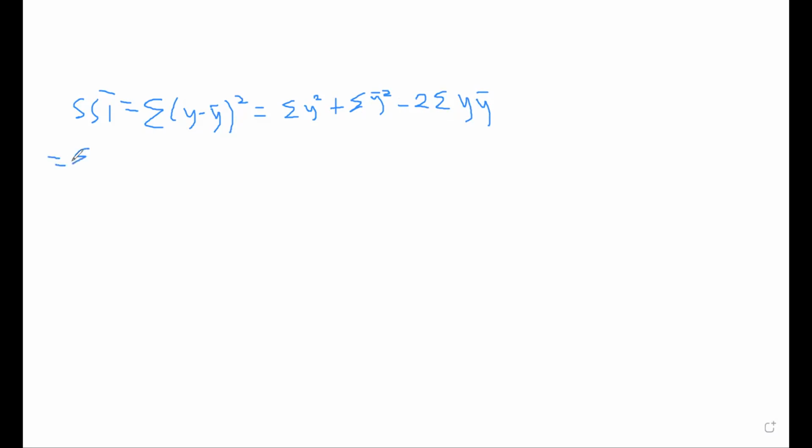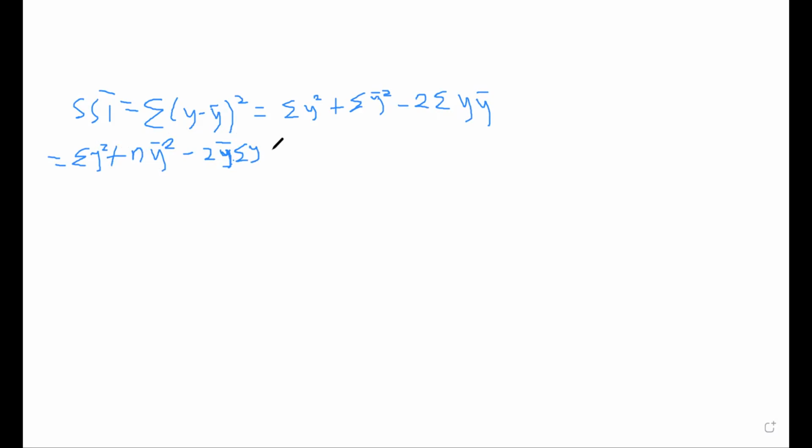So you have summation of y squared. Y bar is a mean itself, so when you square it, it's a constant. If you sum a constant n times, it will just give n times the same thing: n y bar squared. And then minus 2. Y bar is a constant, so I'm dragging it out of the summation sign, and I'm left with summation y.